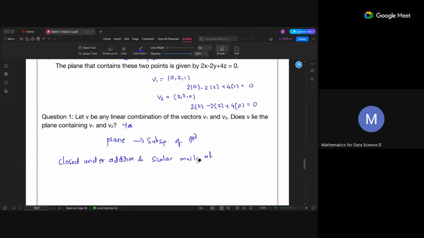Let me just keep it short. So this together and this together gives linear combination. Closed under linear combination.